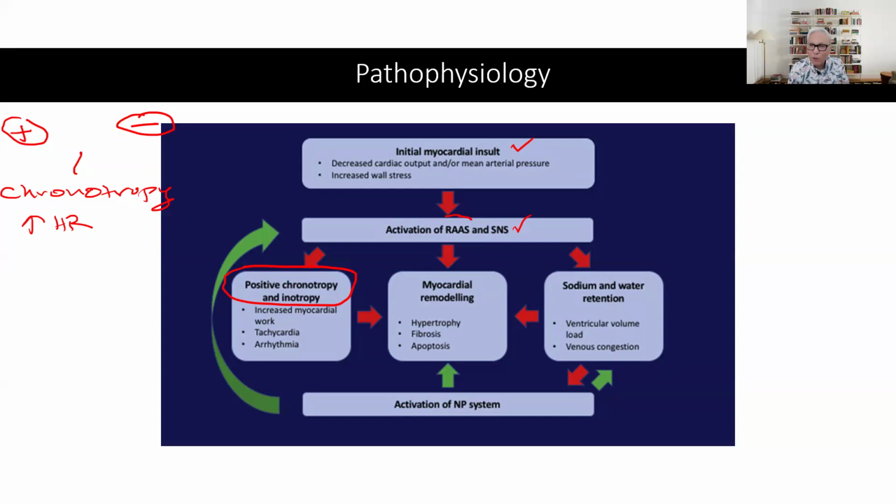Nazir said metoprolol, which is a beta blocker. Digitalis is also going to be a negative chronotropic agent. Okay. Now, when we say inotropy, on the other hand, what does inotropy mean? Inotropy means force of cardiac contraction.